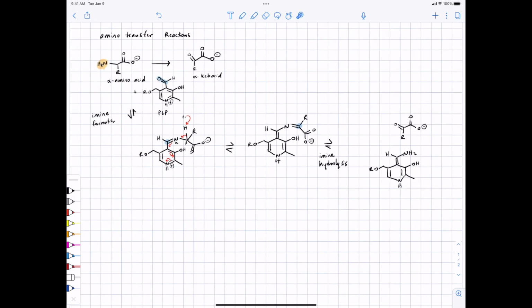Okay, and then we can take this nitrogen and some new alpha keto acid, if we wanted to, and go back this way to make an amino acid.